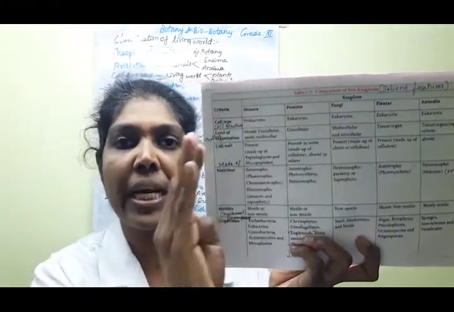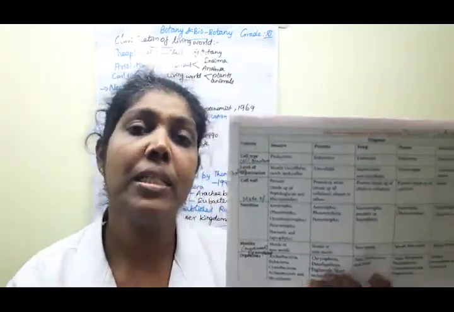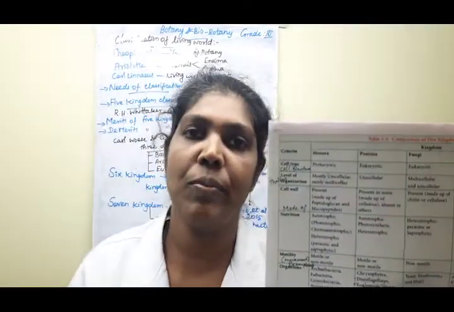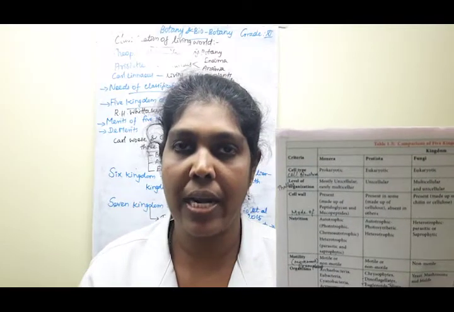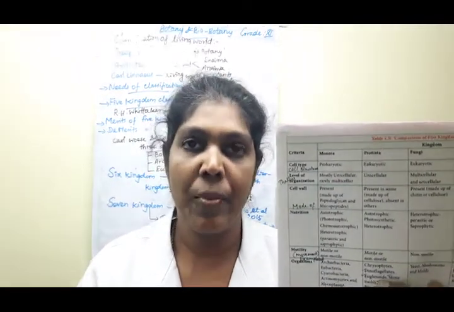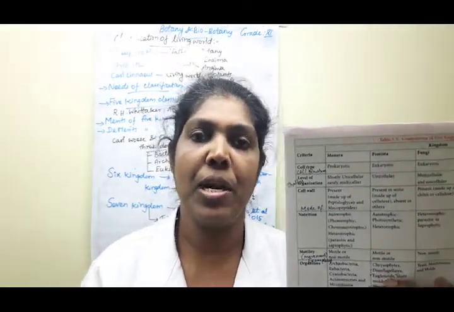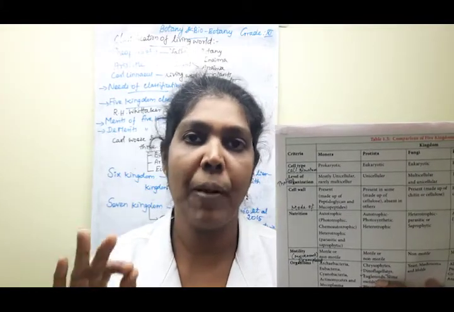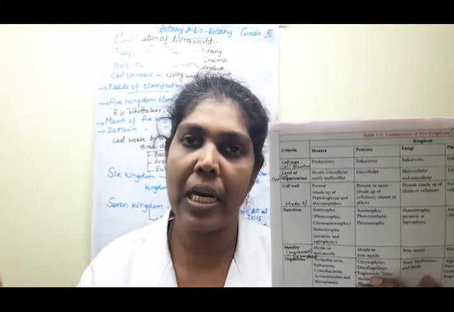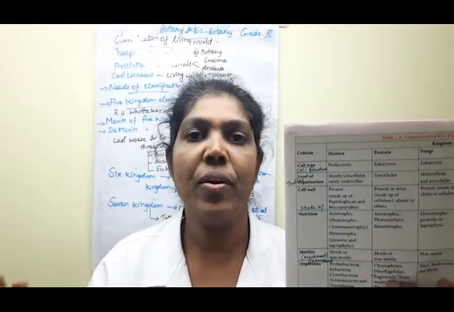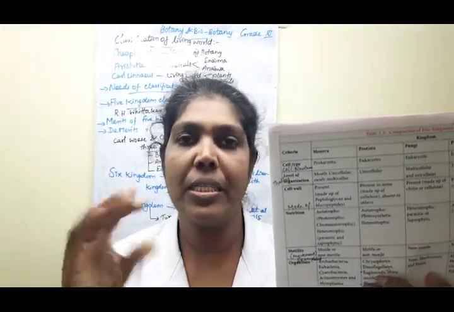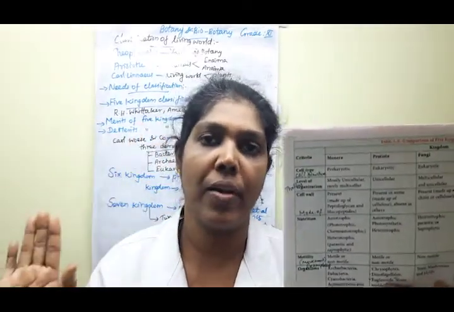Very good. Don't forget these names. Very important. Sometimes they will ask a 2 mark question: what are the kingdoms in the 5 kingdom system of classification? You must write this as the answer: Monera, Protista, Fungi, Plantae, Animalia. Clear, children? Yes, good. So all of you keep it in your mind, children. These 5 names you should thoroughly learn.